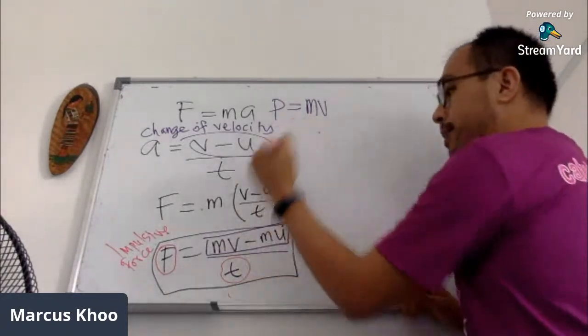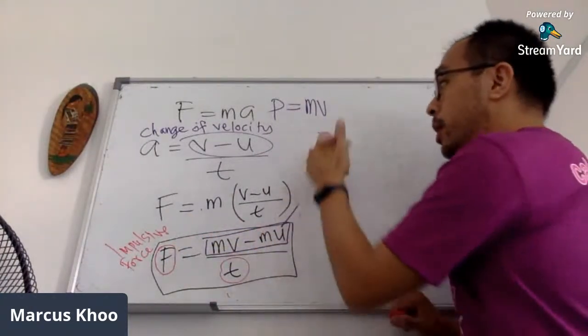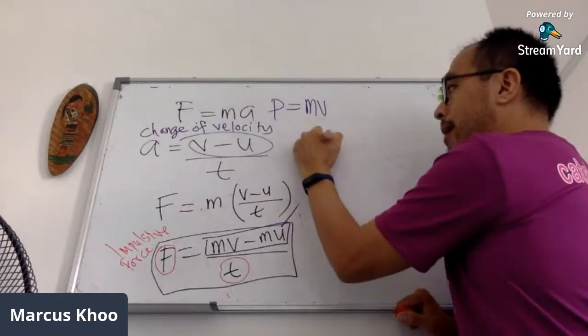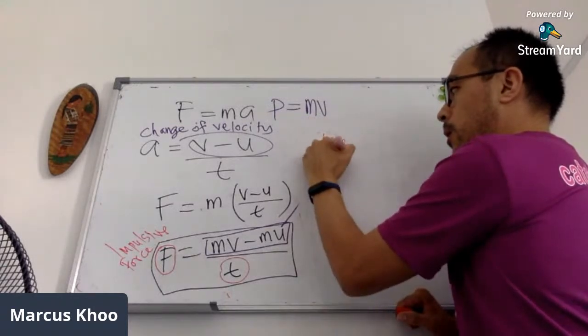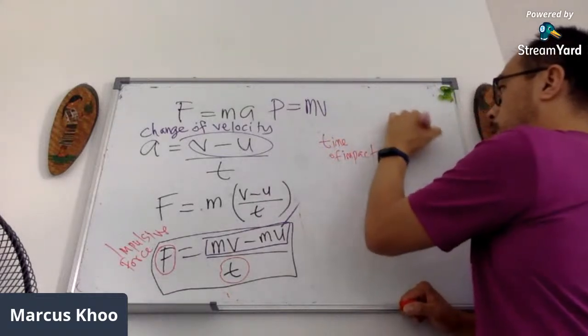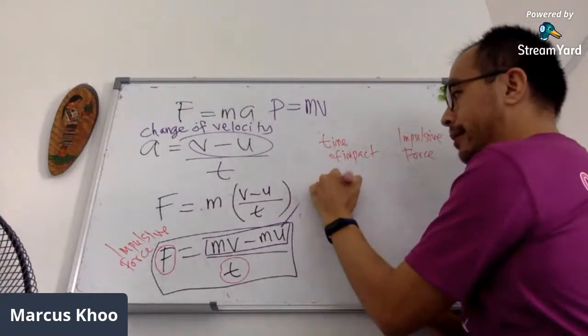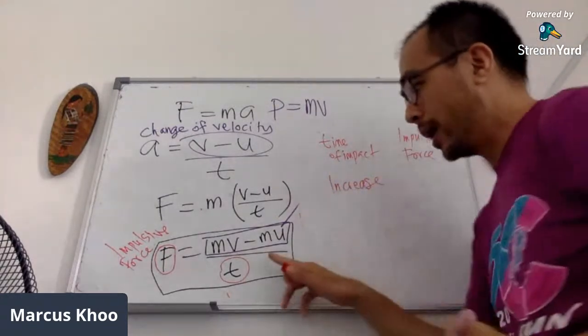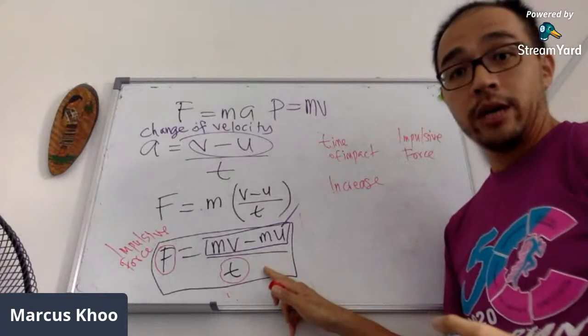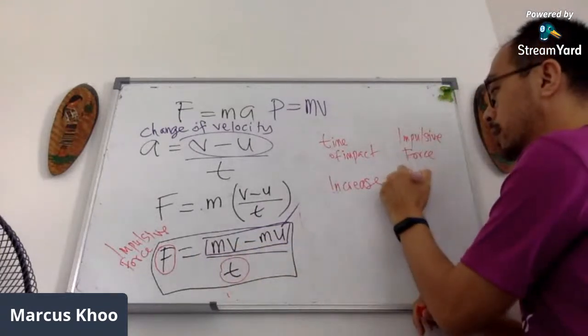Because we are on opposite ends like this, one on top and one at the bottom, when the time of impact increases, the number that you divide by becomes bigger, so the impulsive force will decrease.